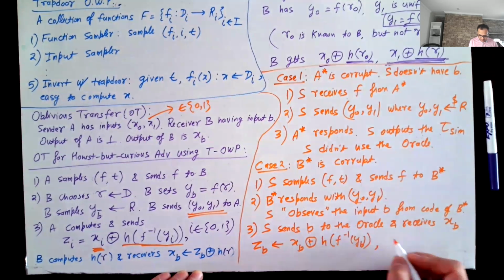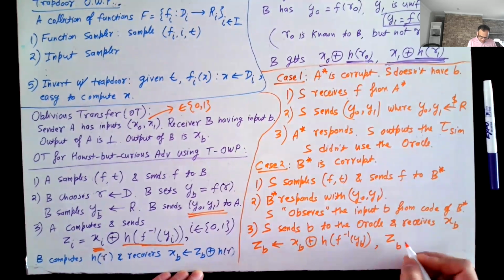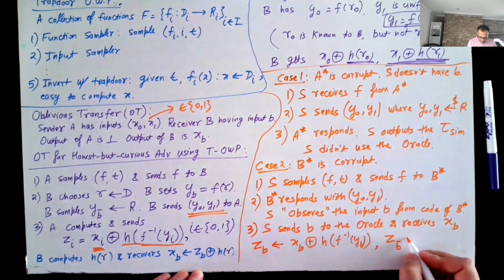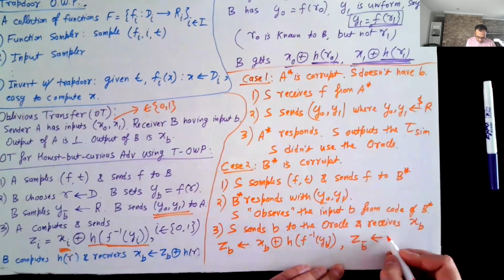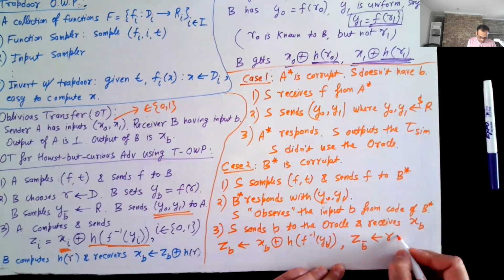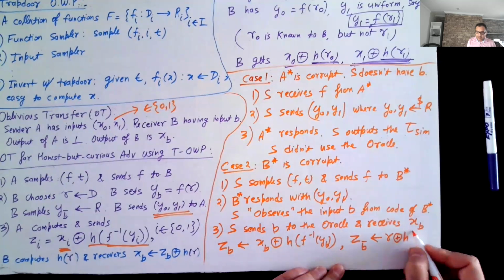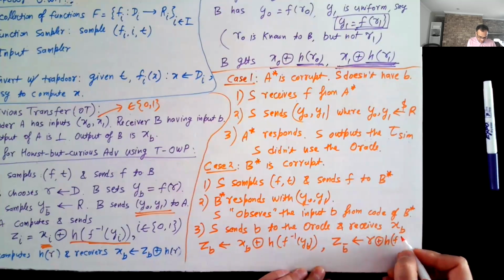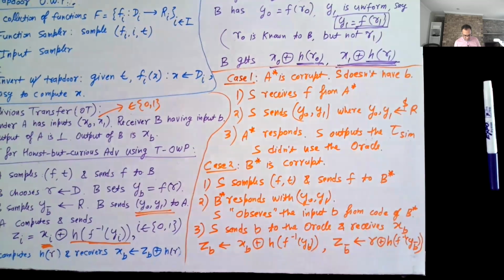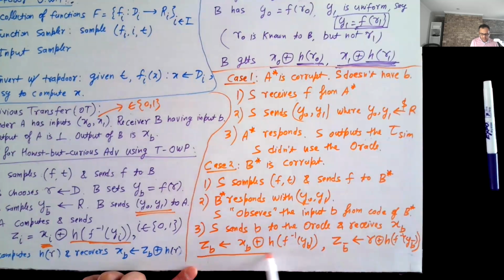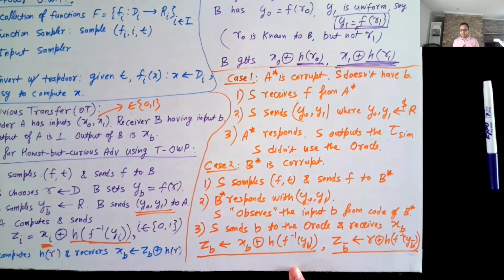And the simulator sets ZB bar to be some random bit R XOR H of F inverse of YB bar. So here the simulator used the correct input. Here the simulator used some random input.